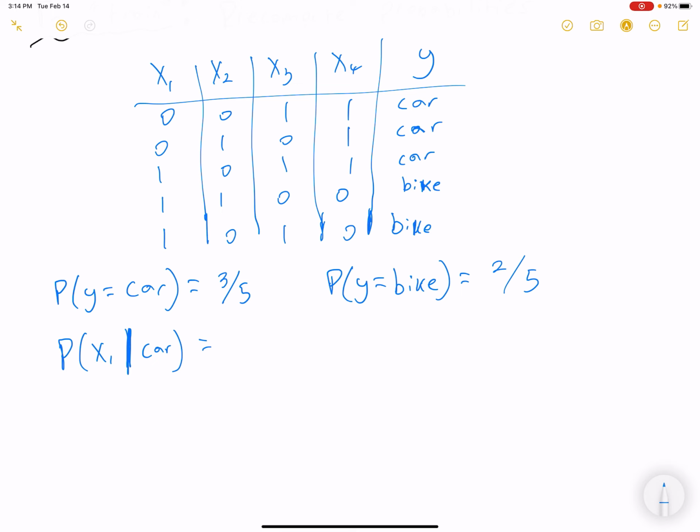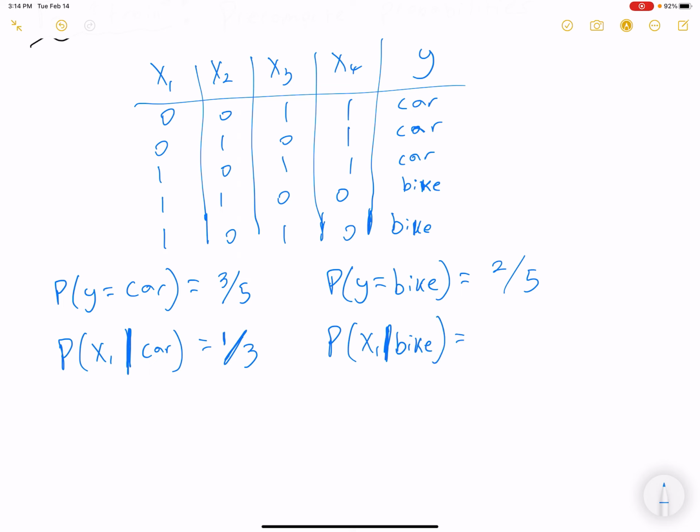And why is it 1 over 3? Yeah, so given that it's a car, that leaves us with only 3 possibilities. One of them has the value x1 equals 1. So how about probability of x1 given bike?